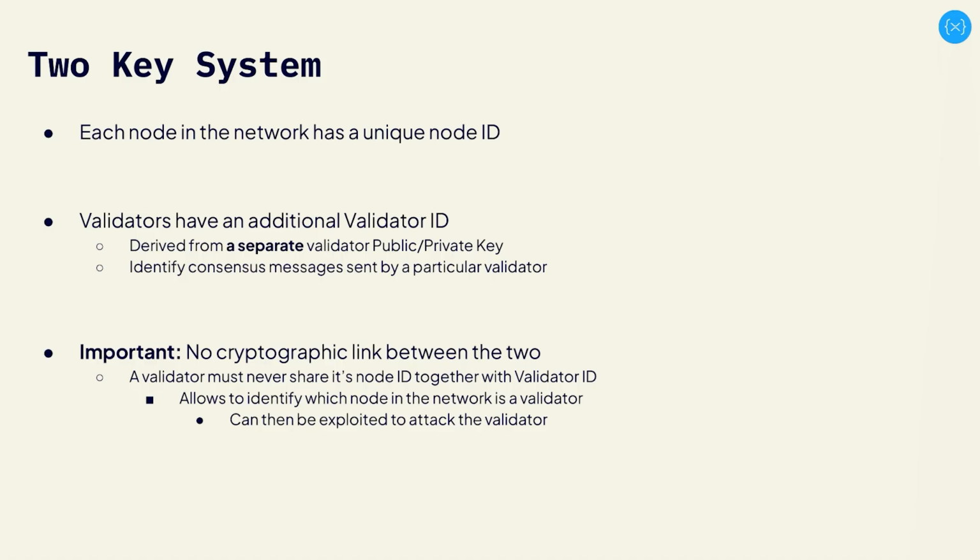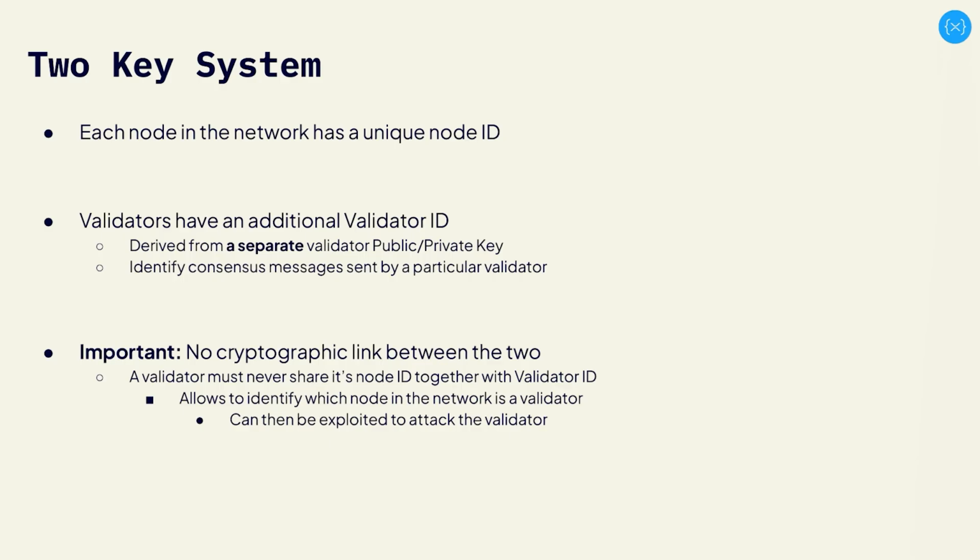On XRP Ledger, there are two key systems. Each server in the network has a unique node ID. However, in addition, validators have an additional validator ID. While this validator ID is derived the same way as a node ID, it is an entirely separate set of keys.